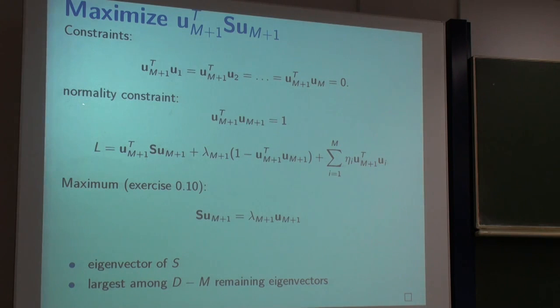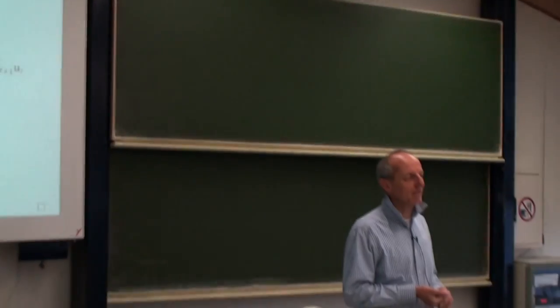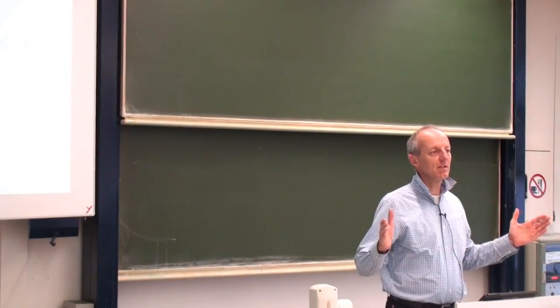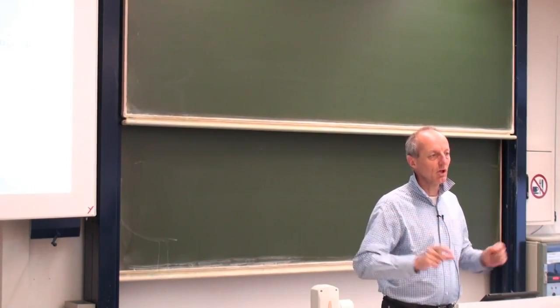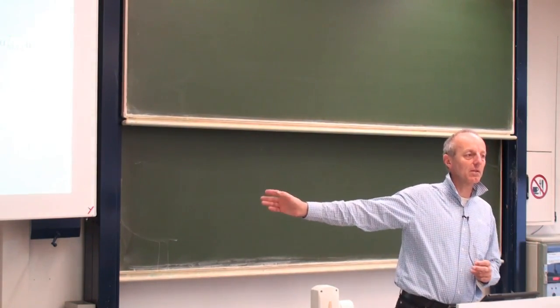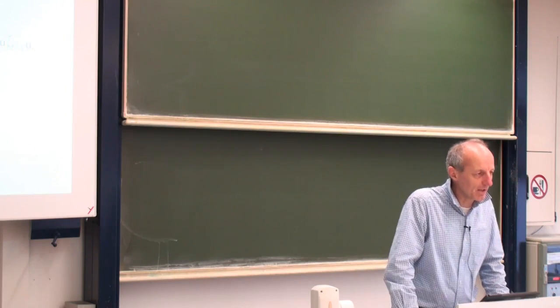And the size of these eigenvalues, they're all positive, gives us the variance in the direction of the respective eigenvector.